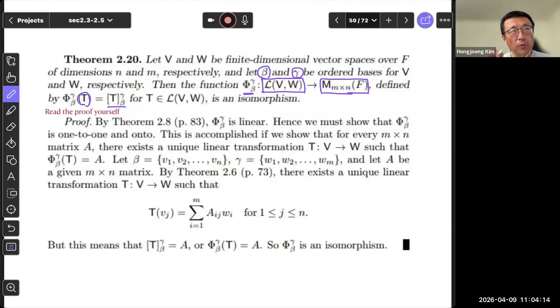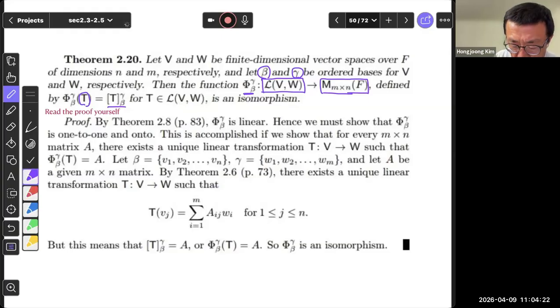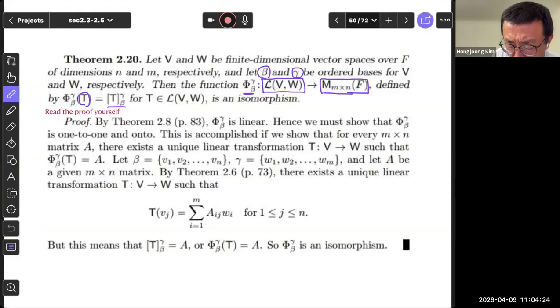So the mapping from T to its matrix representation is well defined. This mapping phi is a well defined mapping from L of V and W to M sub m by n, and that will be linear. You can think of it.